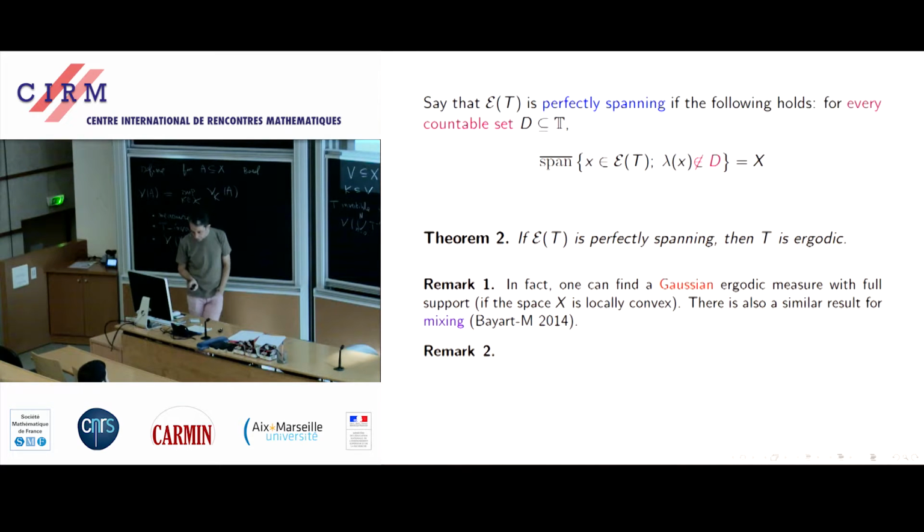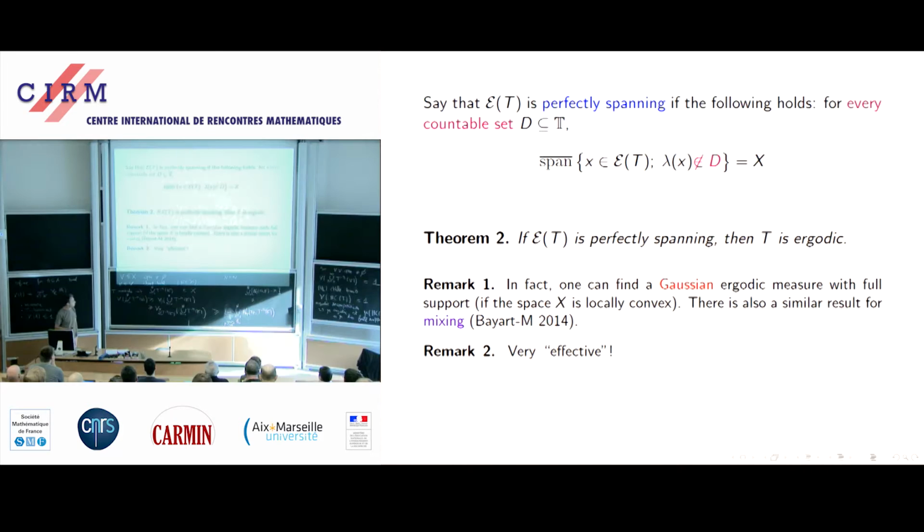And the second remark is that unlike the first theorem, this one is extremely effective. It is really easy to check if your E of t is perfectly spanning, because what you have to do is just this. It is enough to find a family of eigenvectors.